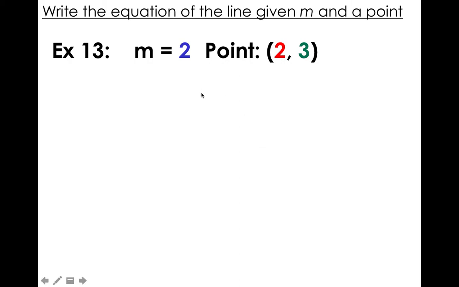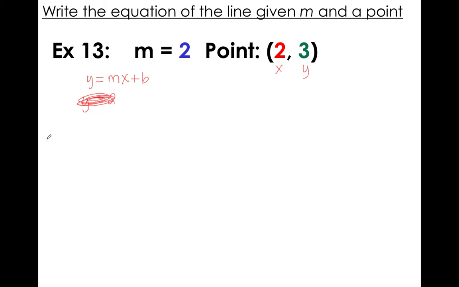So when I look at this example right here, notice we end up with our slope. So we write y equals mx plus b. Since I know what my slope is, I can go ahead and plug it in. But notice this right here is a point, an x and a y. So let's just plug it in.